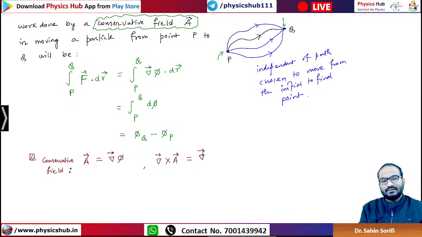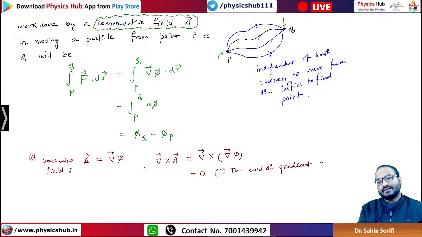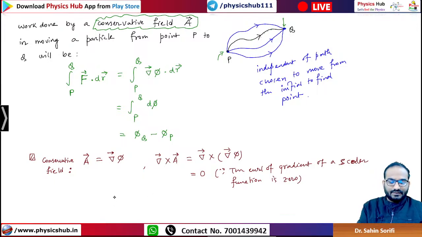You get curl of grad phi. And what is the meaning of this? Curl of gradient is 0. Curl of gradient of a scalar function is 0.